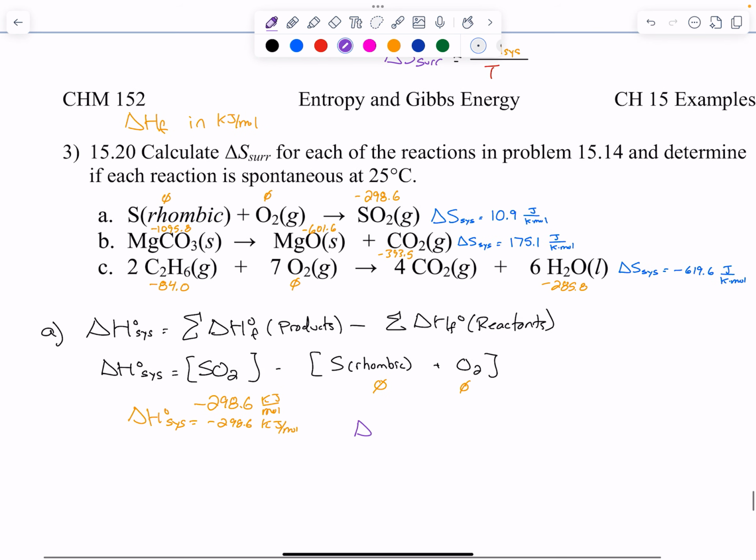So now delta S of the surroundings is equal to, now we're at 25 degrees Celsius, negative delta H over the temperature.